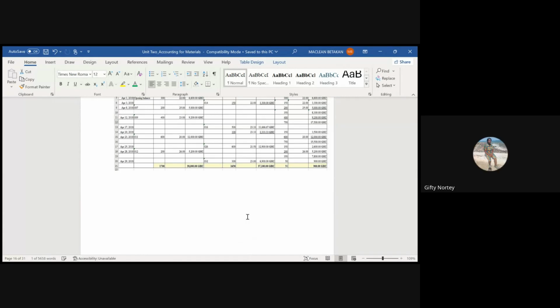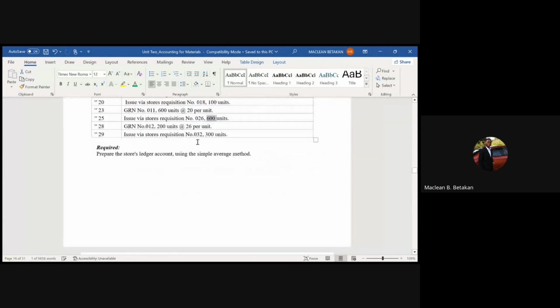Well done. So the price on 150 was 23.33, and we add it to 20 divided by 2. Then you will get 21.5.